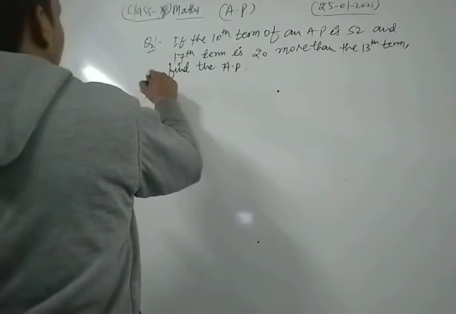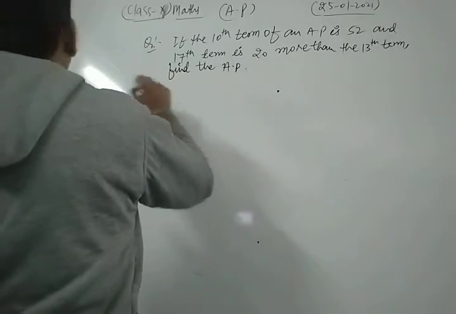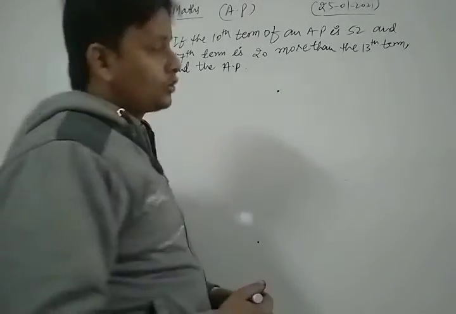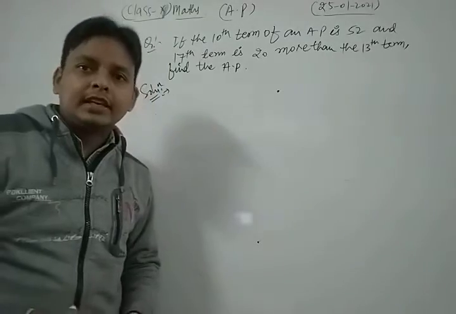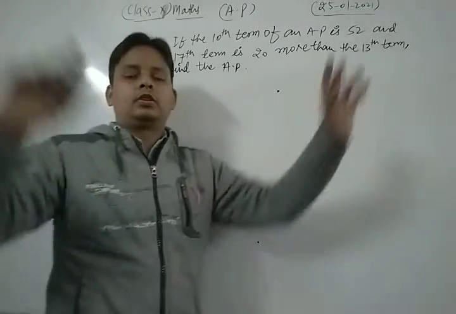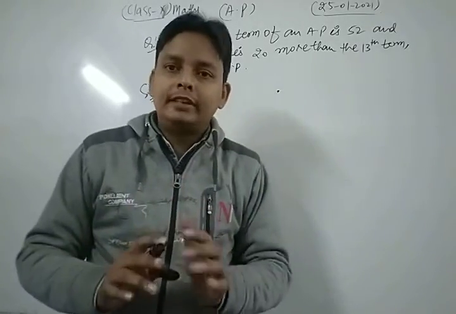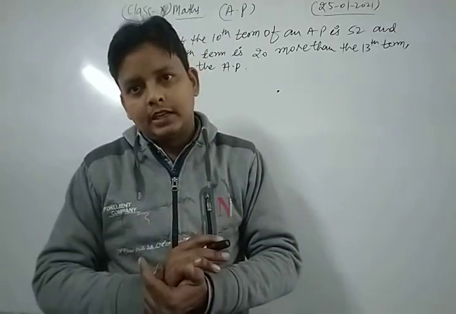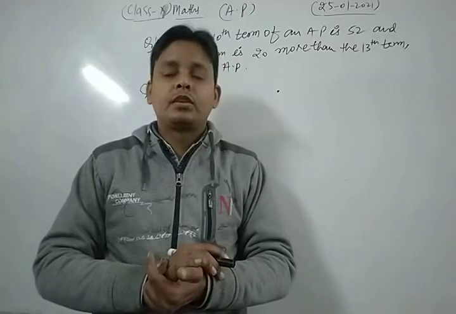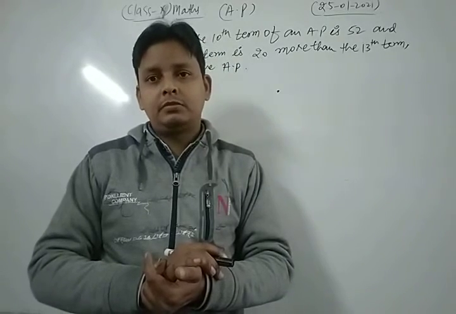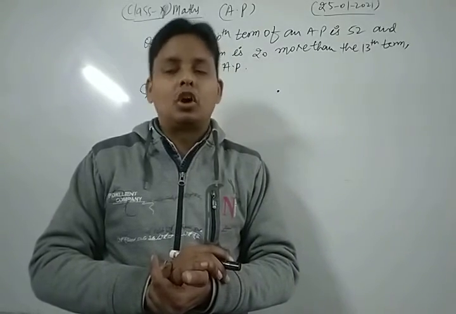Let's see its solution. Dear friend, to find the AP of the given condition, first of all we find the values of A and D, that is, the first term and the common difference.